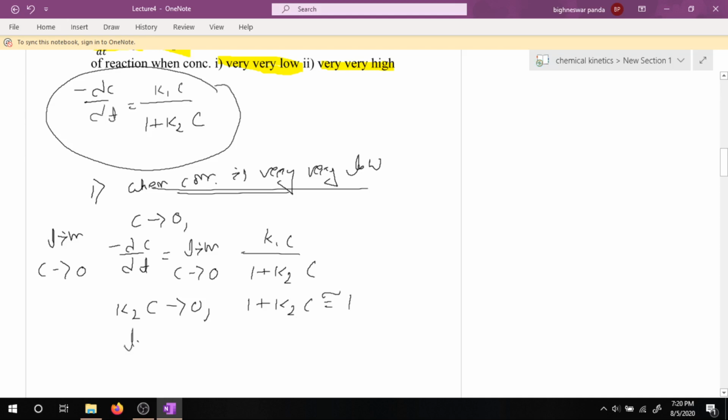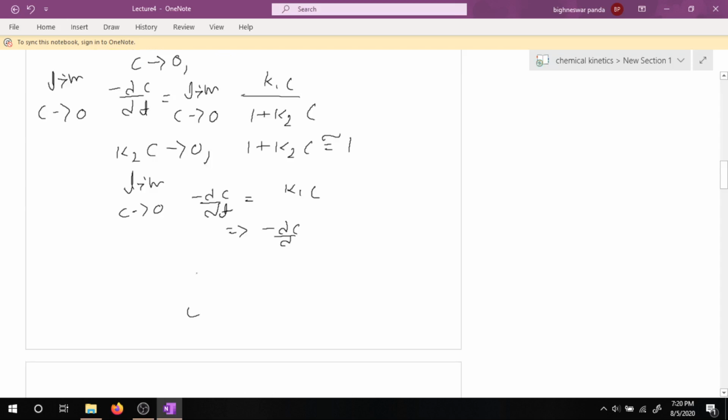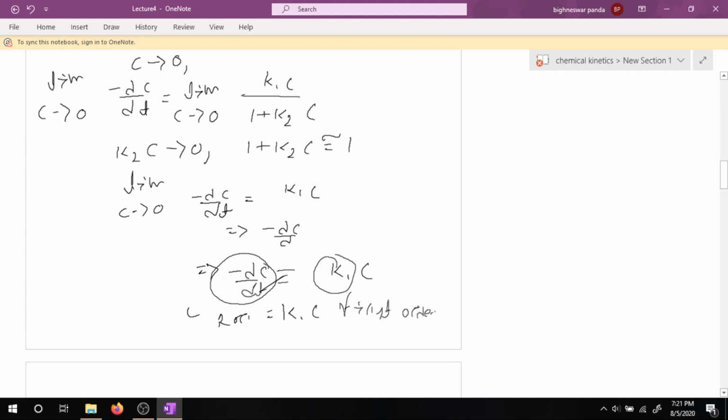So limit C tends to 0 of minus dC by dt is equal to k1 C. This is the rate of reaction, and k1 is the rate constant, so the rate of reaction is equal to k1 C. So I can say that this is a first order reaction.